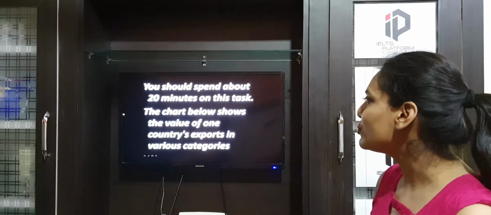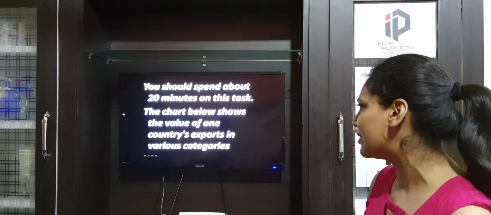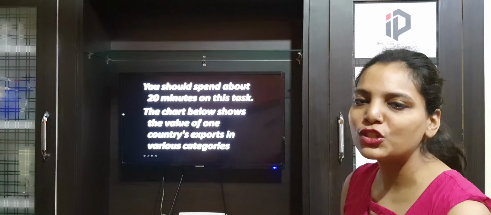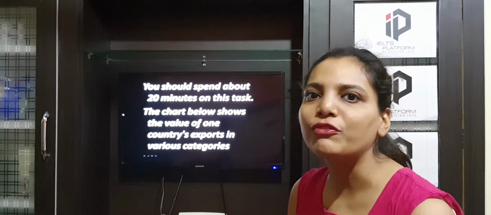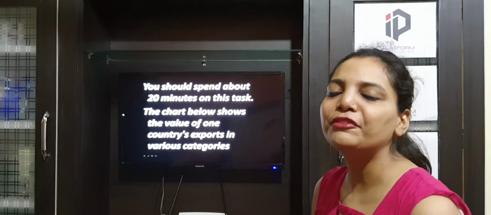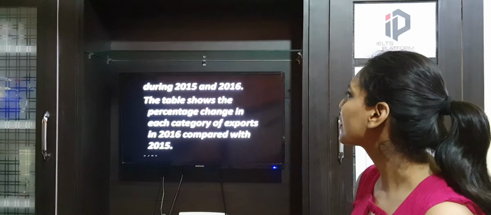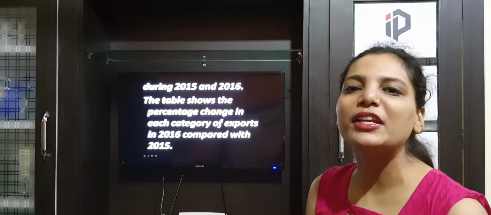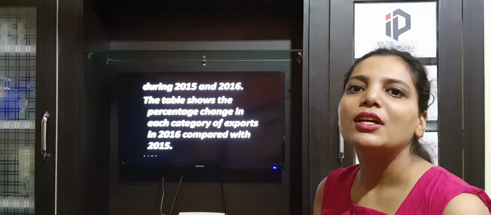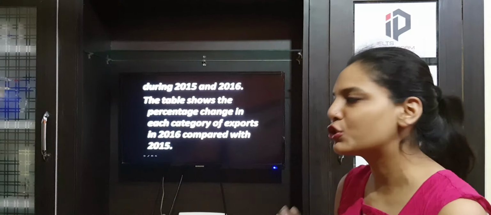The chart below shows the value of one country's exports in various categories. So what is shown in the chart? There is one chart which shows the value of exports of a country in different categories during 2015 and 2016. So you are given 2 years in which the value of exports in different categories of a country is shown.